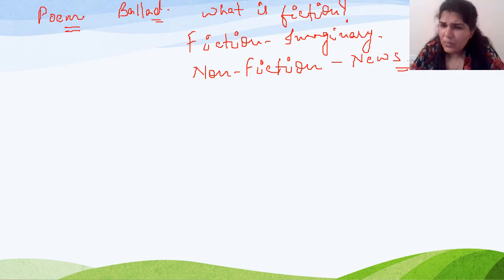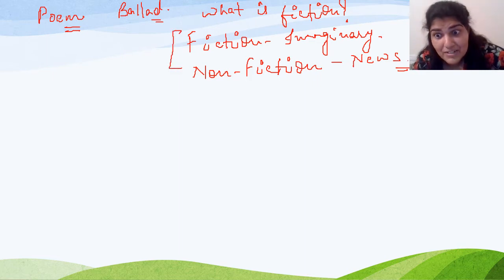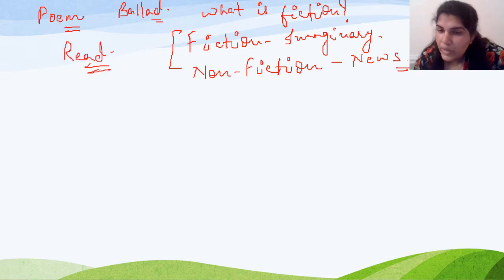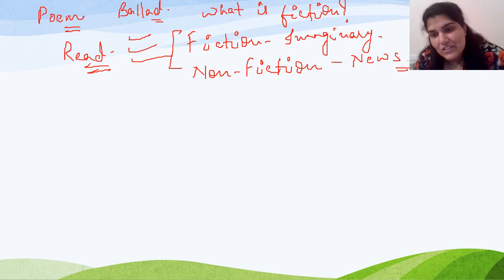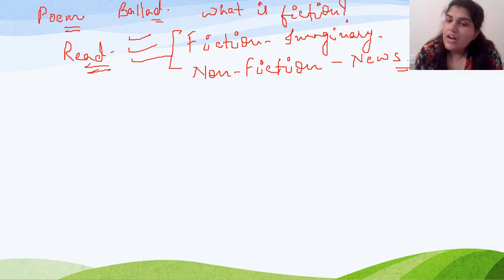So why do we need to learn or read fiction? That is the word here. To read. We need to learn language, right? And these are a few of the tools to develop reading proficiency in an individual or in a person. So, to improve our reading proficiency, my dear children, we need to read stories.